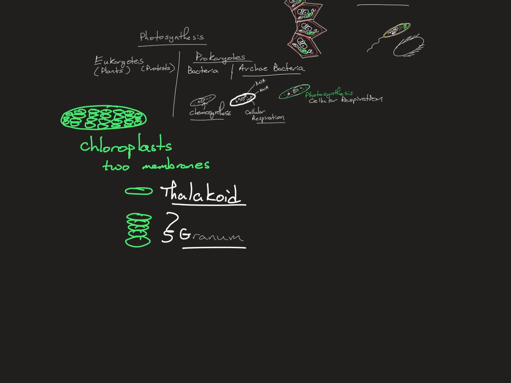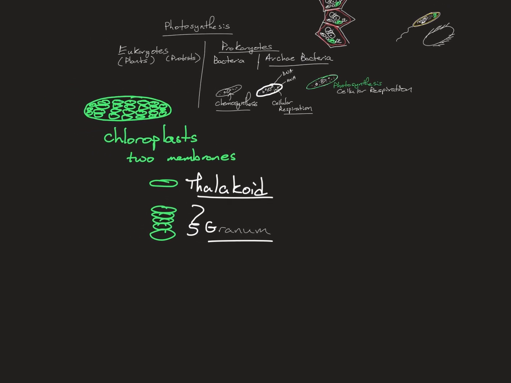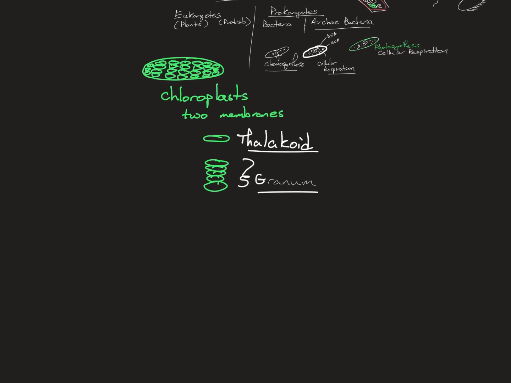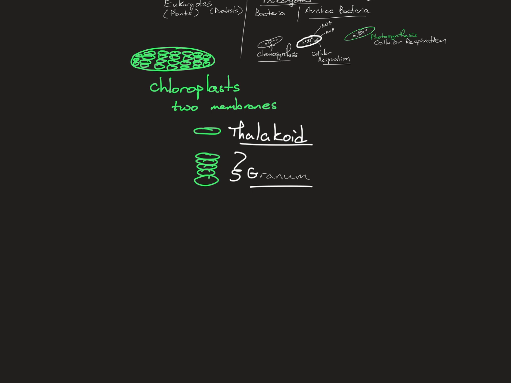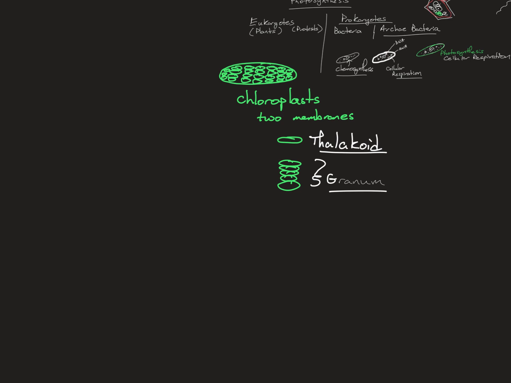So chloroplasts have two membranes, thylakoid and granum. The granum is a stack of these thylakoids, and the membranes help turn light and carbon dioxide into sugar.